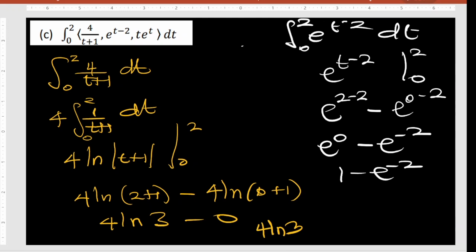Let's look at the last one. t e exponent t. We are integrating t e exponent t with respect to t, and the limits are 0 to 2. We shall employ integration by parts. That's the technique we shall use here.